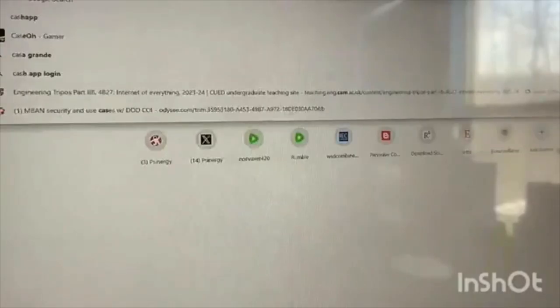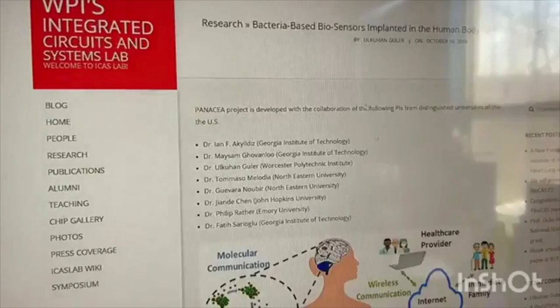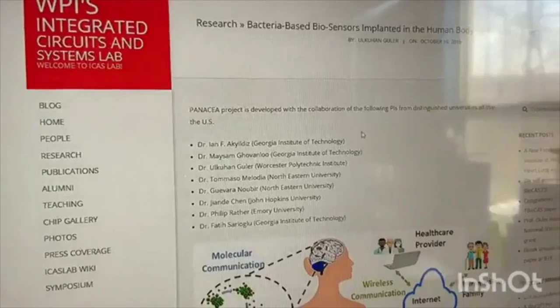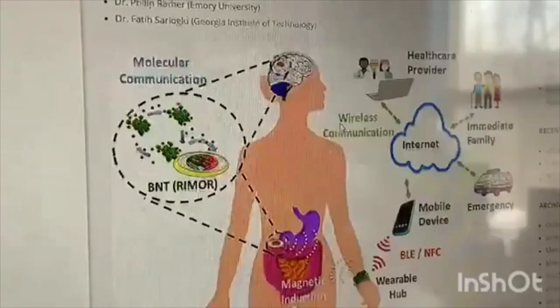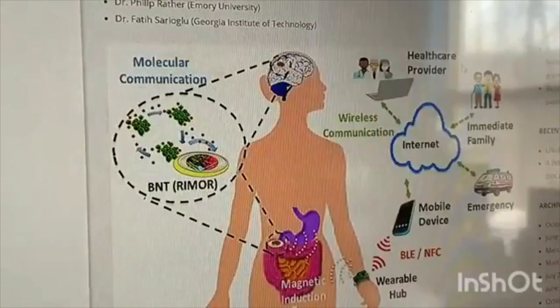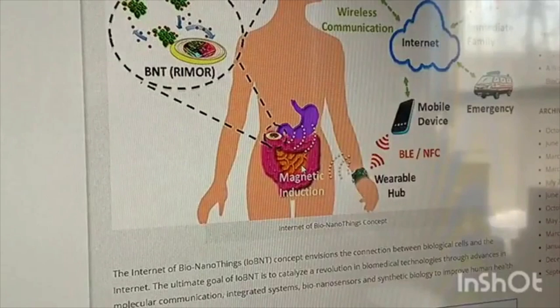You have your Circuits and Systems Lab since 2018 with the same Professor Achildes' work, Integrated Circuits and Systems Lab for bacteria-based biosensors, and their Panacea project, in which, once again, there's all these healthcare people logging into your gut microbiome so they can change the bacteria the way they want it to go.